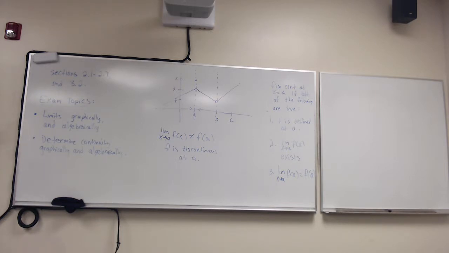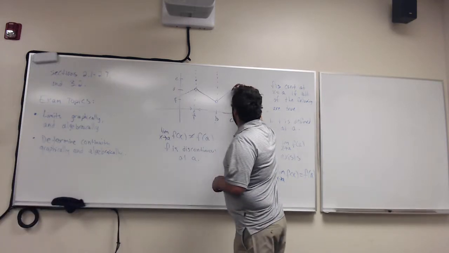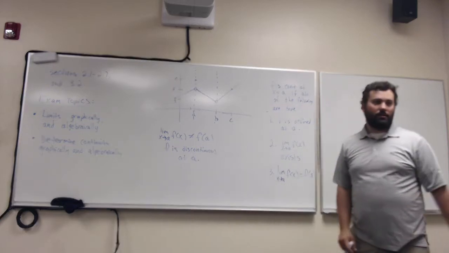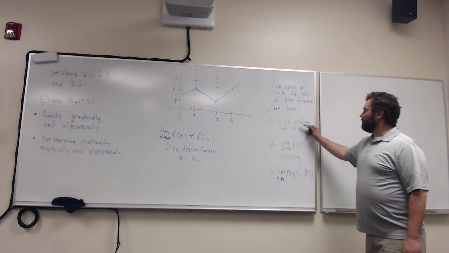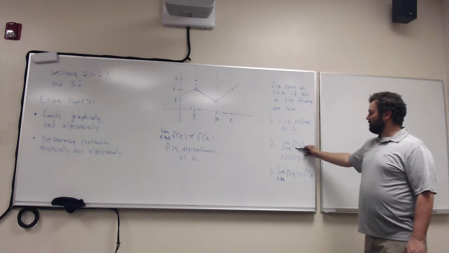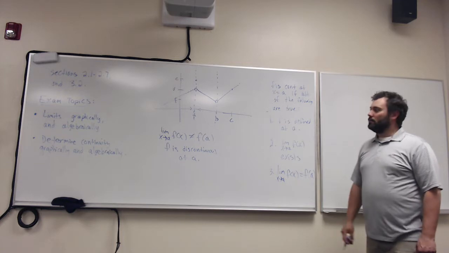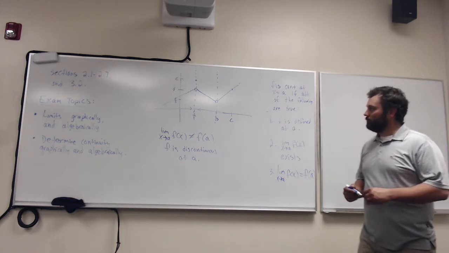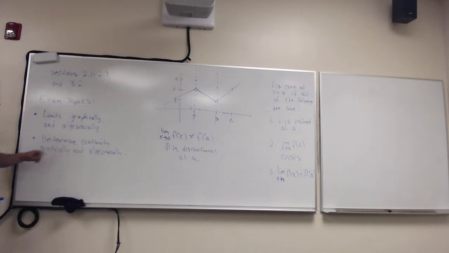Okay. And then what about at C, though? So there's the value of the function at C. It'd be continuous there, right? It's defined. The limit will exist, and the limit will be the same as whatever the value of the function is. Okay. So that's what I'm looking for when I'm talking about determine continuity graphically.